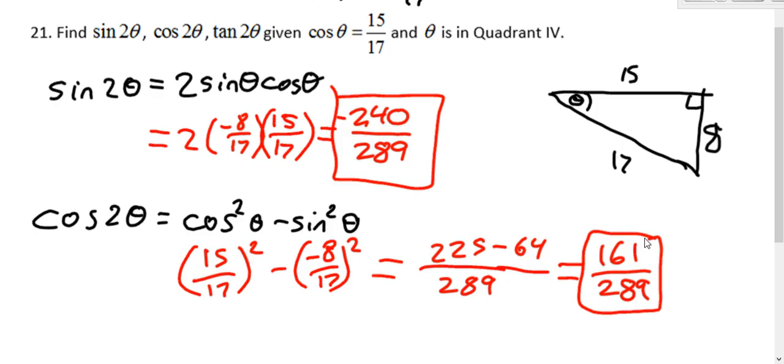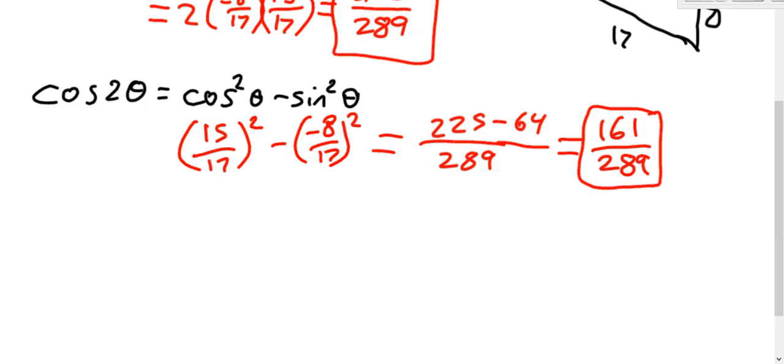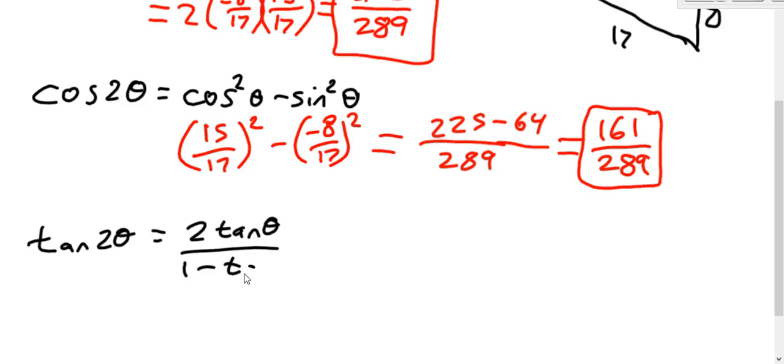And then tangent. The formula for tangent 2 theta is 2 tangent theta over 1 minus tangent squared.